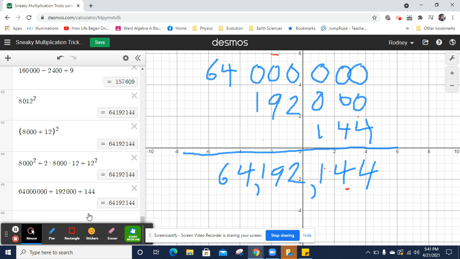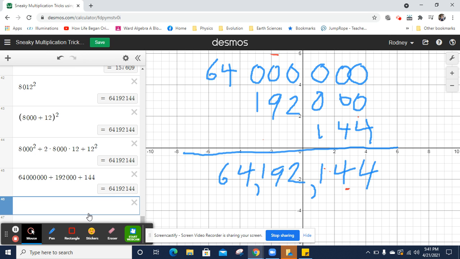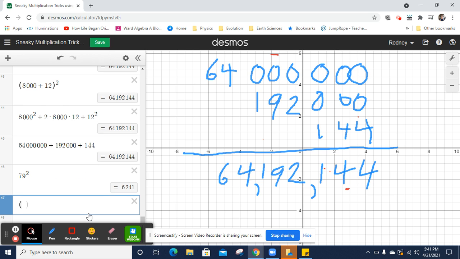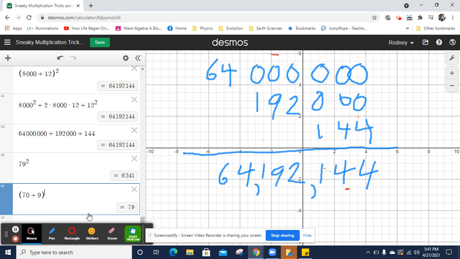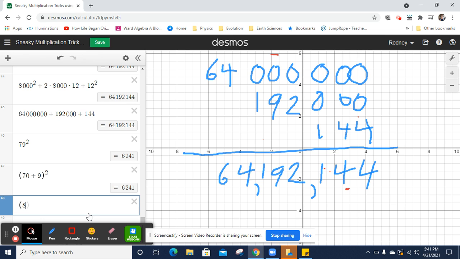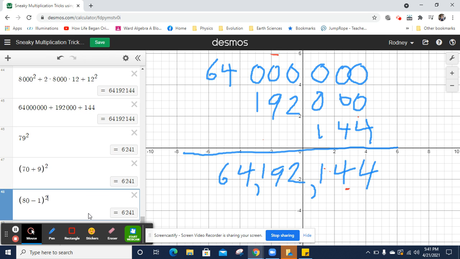So if I gave you 79 squared, you could say 70 plus 9 squared and go through the process using the perfect square structure, or you could say 80 minus 1 and square that. Either way is going to work.